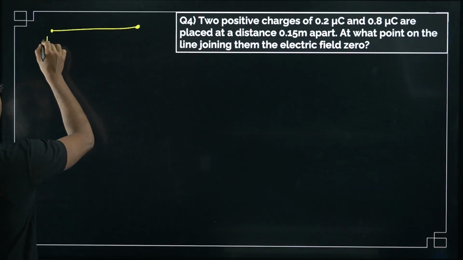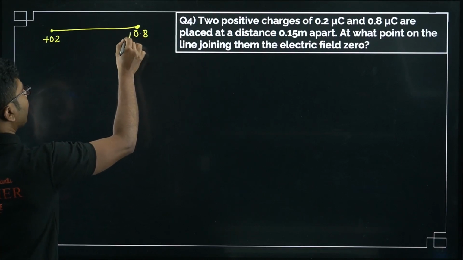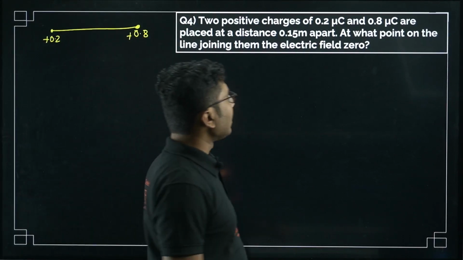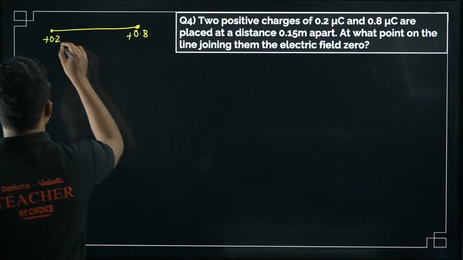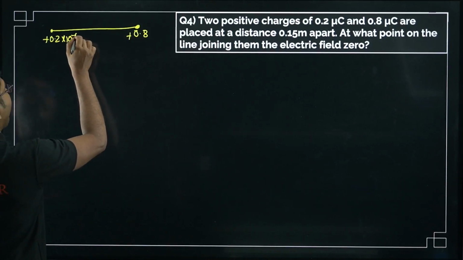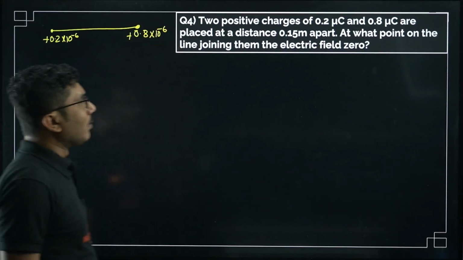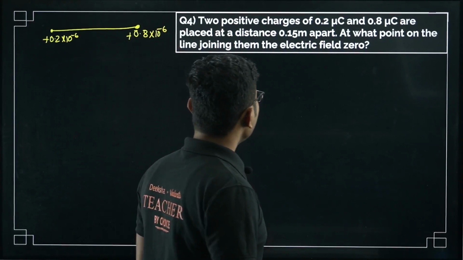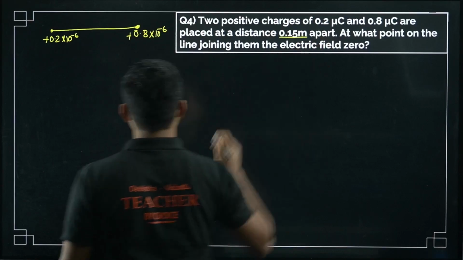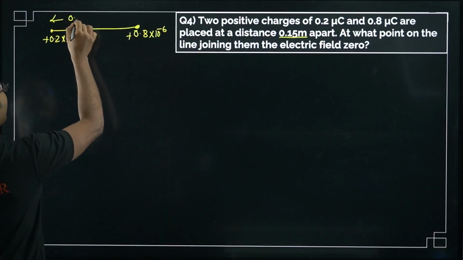One is plus 0.2, another one is plus 0.8. Both of them are positive, and both are in microcoulomb. Microcoulomb means 10 to the power of minus 6. The distance between them is 0.15 meter.